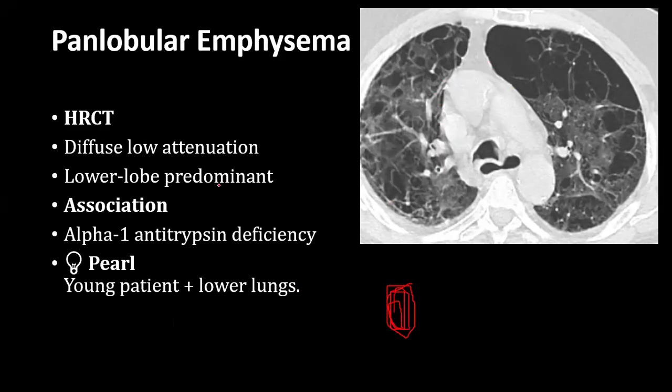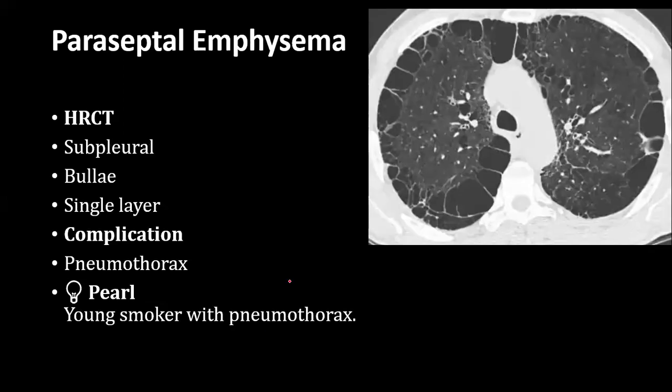It is usually seen in lower lobes, with a strong association with alpha-1 antitrypsin deficiency, in young patients. Centrilobular was seen in smoking, upper lobe. This is in lower lobes, young patients, alpha-1 antitrypsin deficiency.